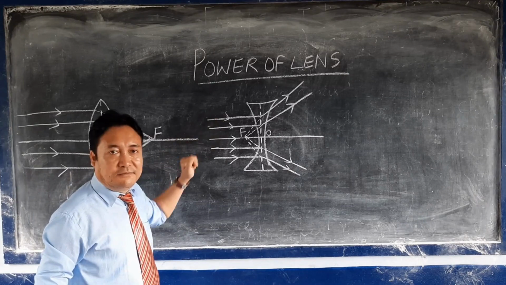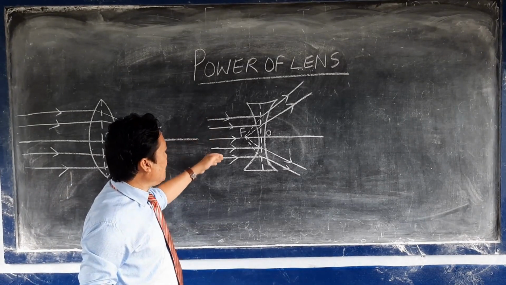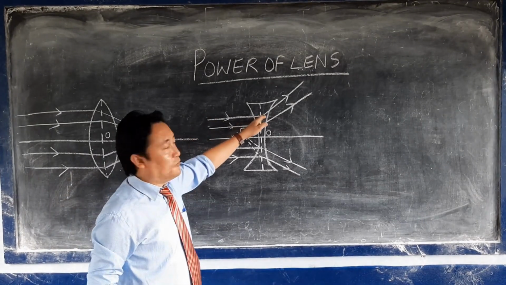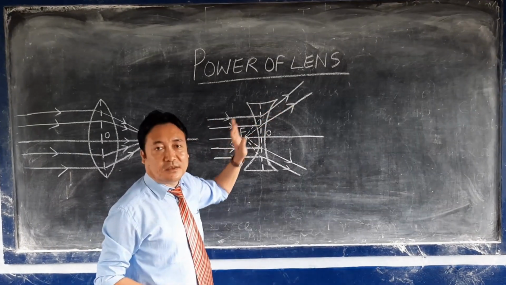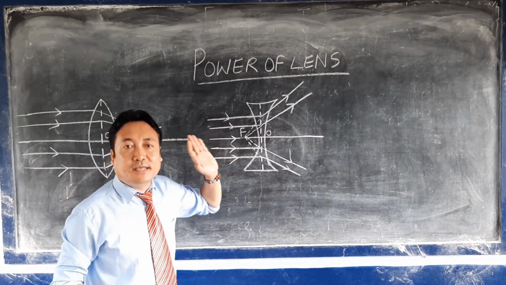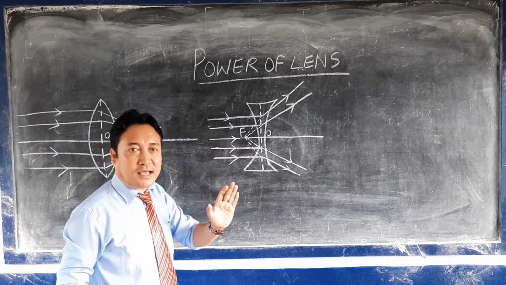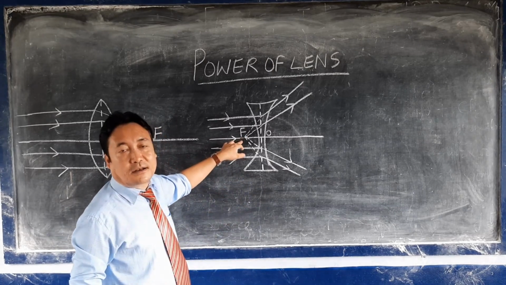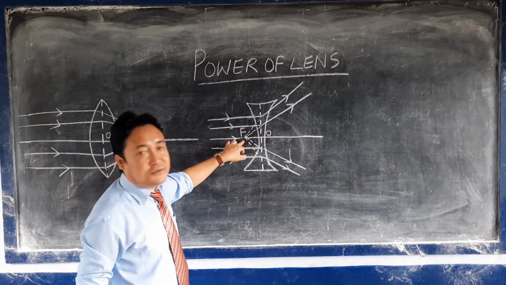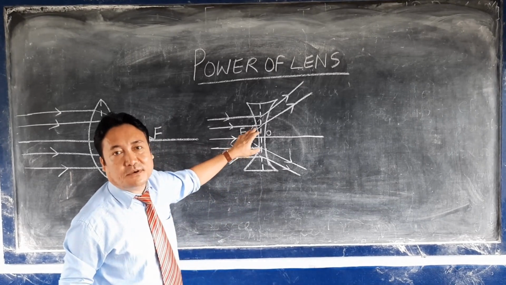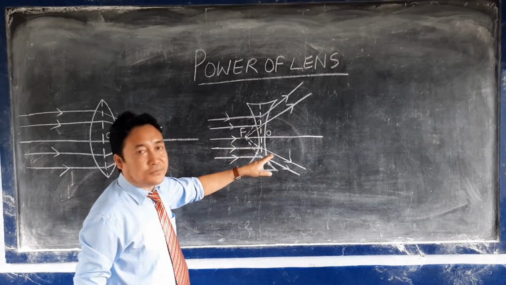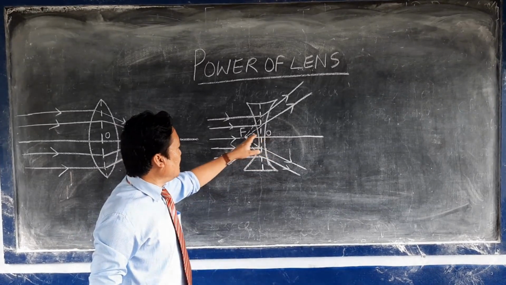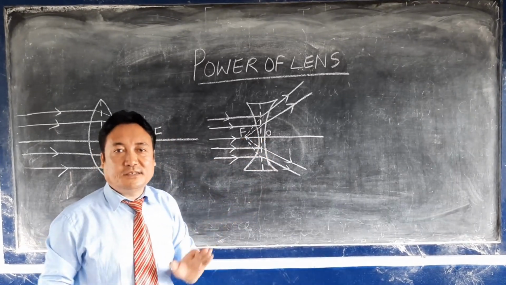Likewise, in a concave lens also, when a beam of light parallel to the principal axis falls on it, the rays get diverged, and it appears that the rays of light are coming from the point F. So this F is the focal point in the case of a concave lens, and the distance between the optical center and the focal point is known as the focal length.